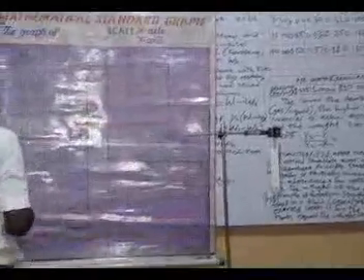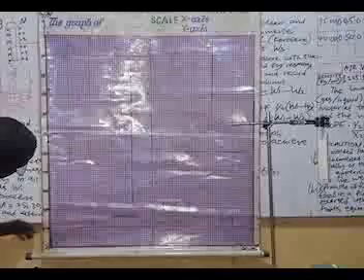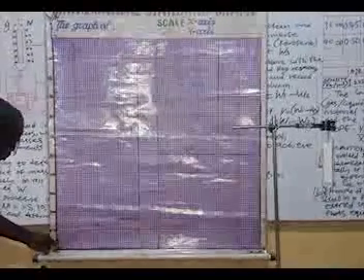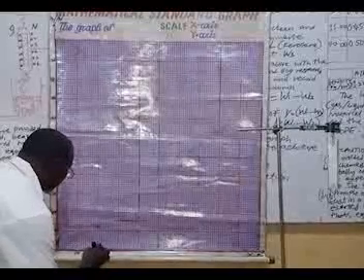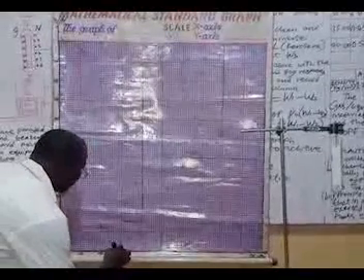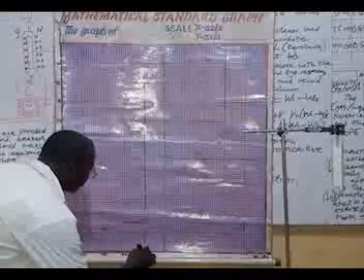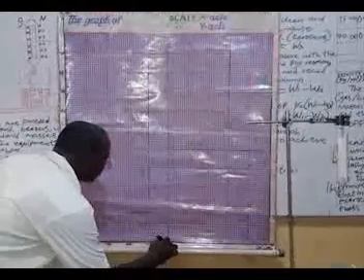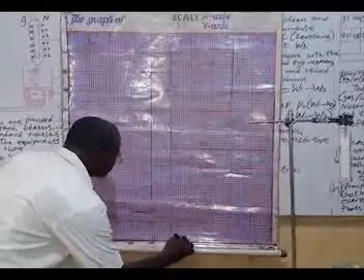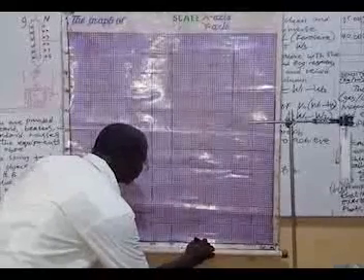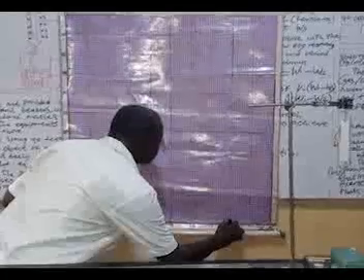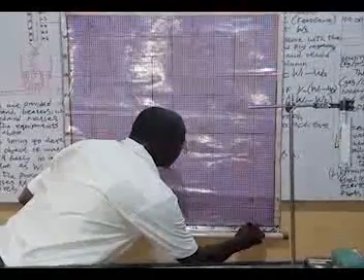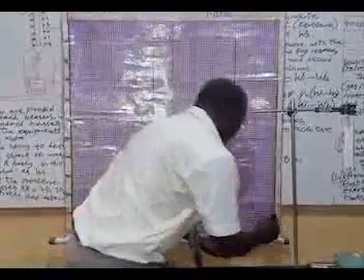We use 0.02 to represent 10 small squares: 0.02, 0.04, 0.06, 0.08, 0.10, 0.12, 0.14, 0.16, 0.18, and the last one is 0.20.